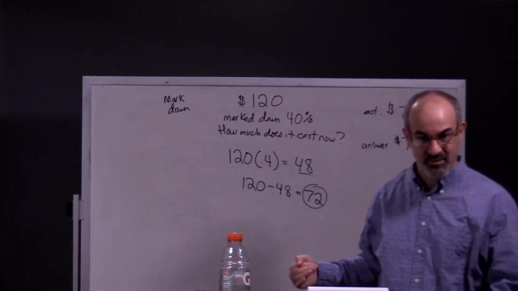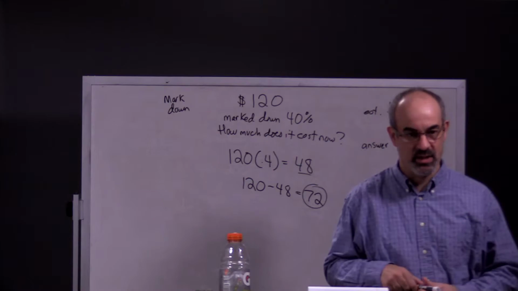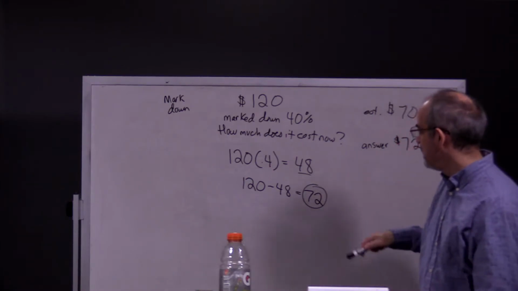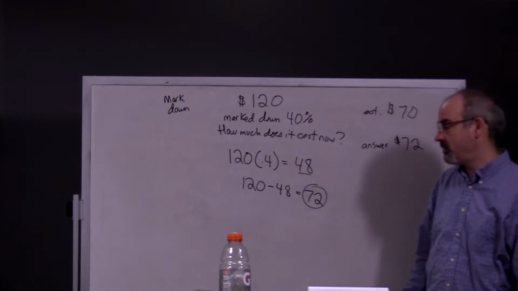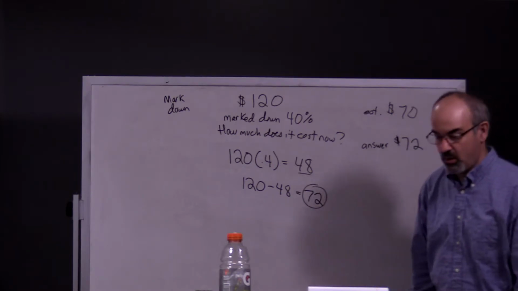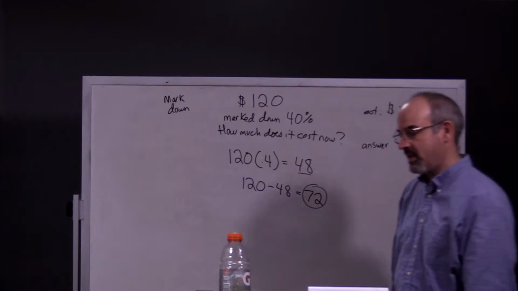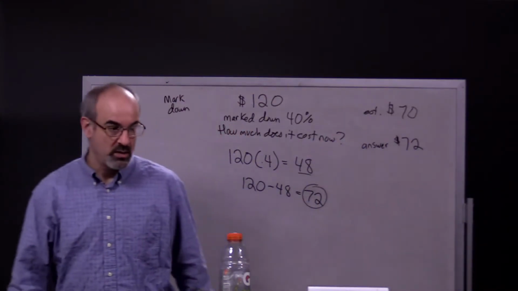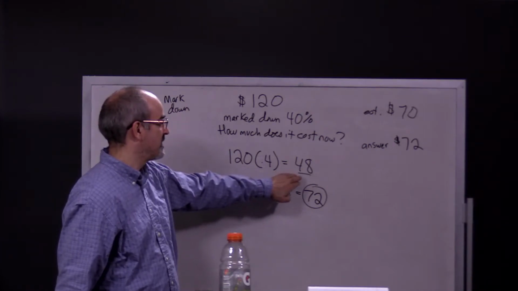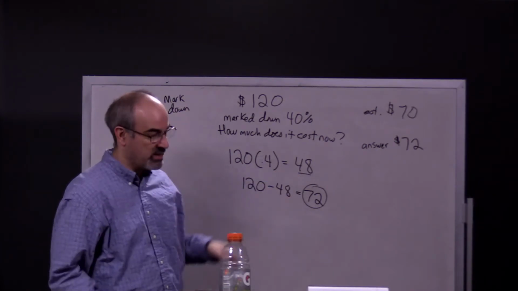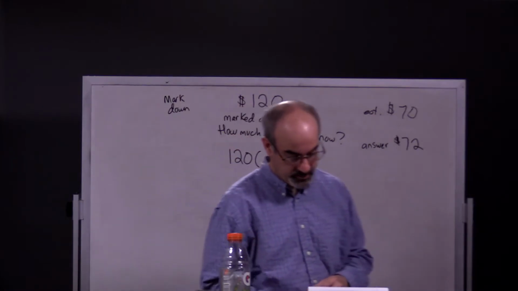If it was marked all the way down half off, it would be $60, but it's not going to be that low because 40% off is obviously less than 50% off. So your answer has to be above 60. So you should realize that you're not done. This is not the answer. You have to subtract that from 72.